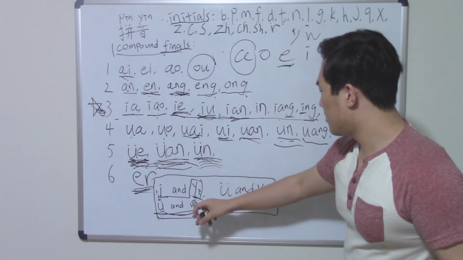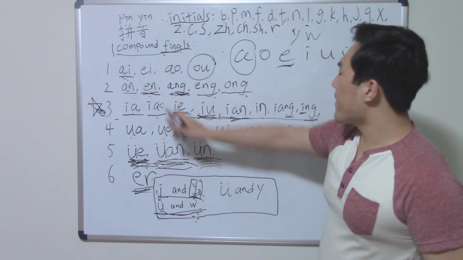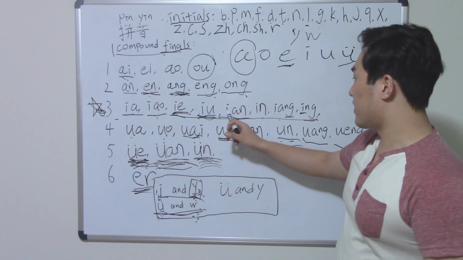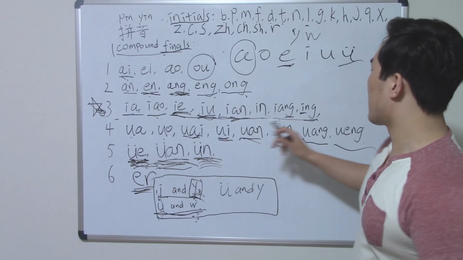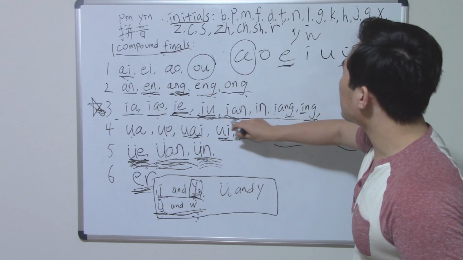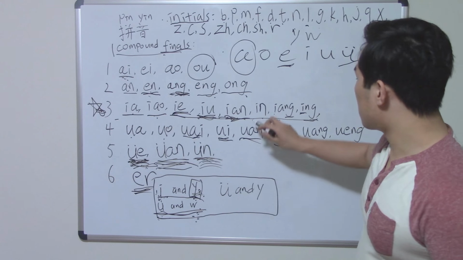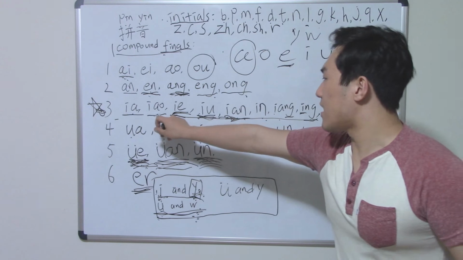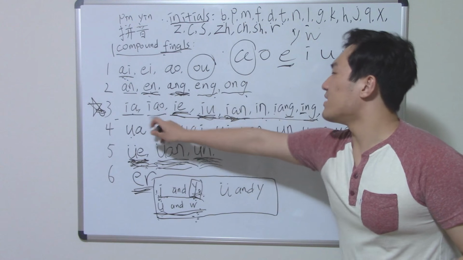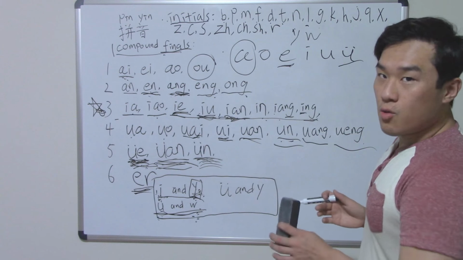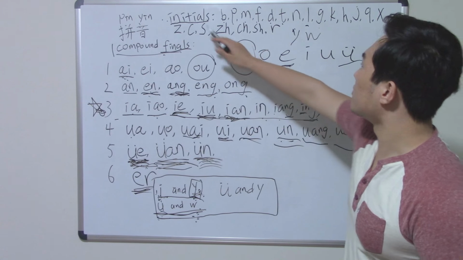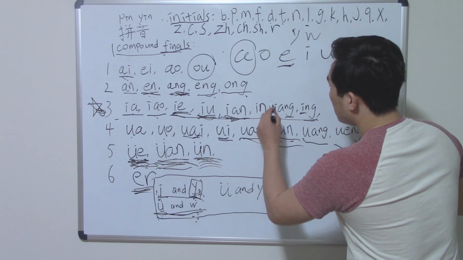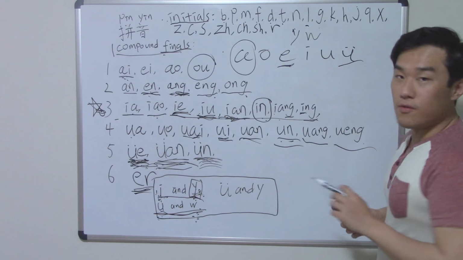You use Y. So whenever the compound finals, for example, all these starting with I, will become a Y. So whenever you can use IAN or IN or IU or IE or IA, and all those, whenever you use those, you have to have an initial in front of those to actually use this form.